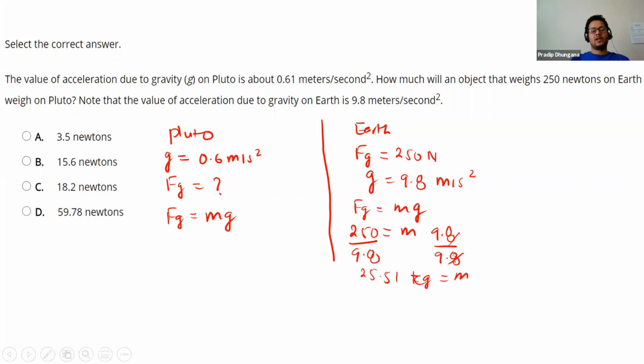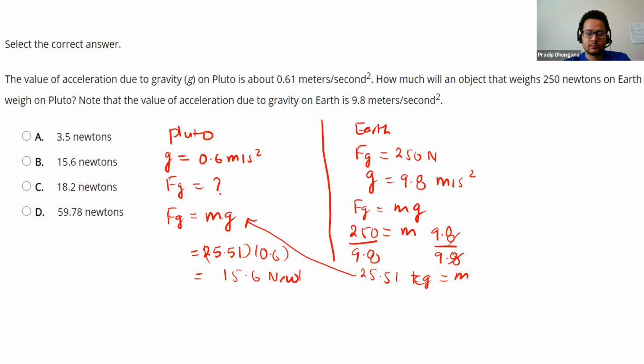That is the mass of that object. Then we'll substitute that value for Pluto, because the mass of the object is a constant quantity and does not change. 25.51 times g of 0.61 is equal to 15.6 newtons. The correct choice is B.